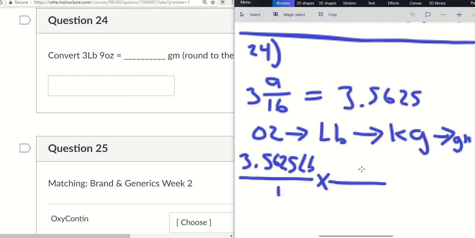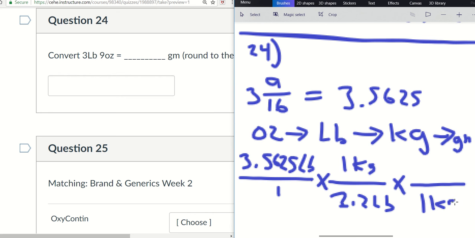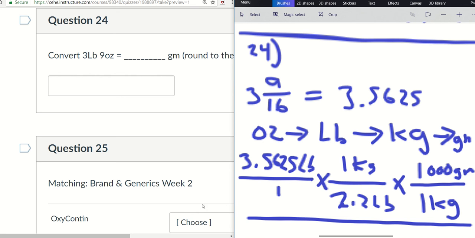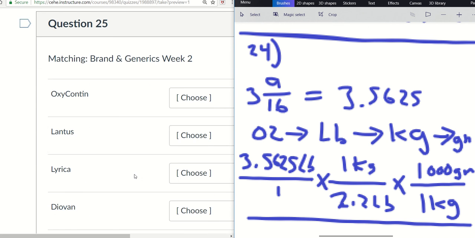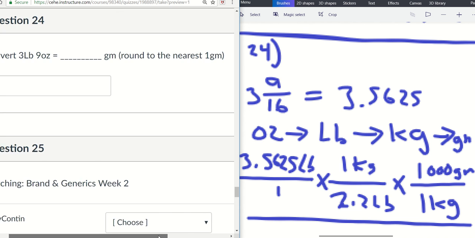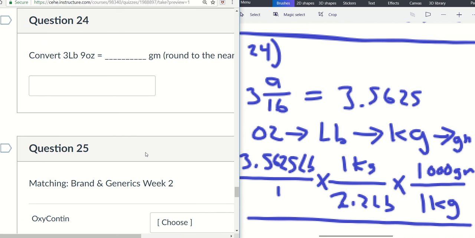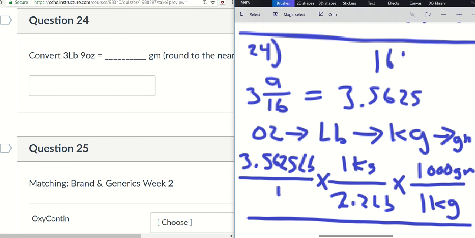For every 1 kilo, there's 2.2 lbs. And then lastly, for every 1 kg, there are 1,000 grams. So 3.5625 divided by 2.2 times 1,000. What do you get, rounded to the nearest 1 gram? 1619? Do I get a second on that? Yes. Okay, good. So we got a confirmation.